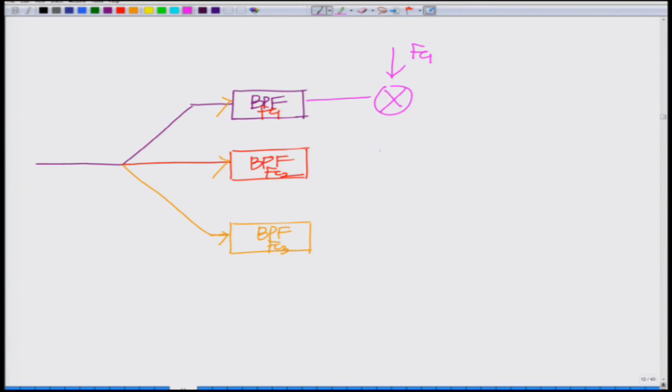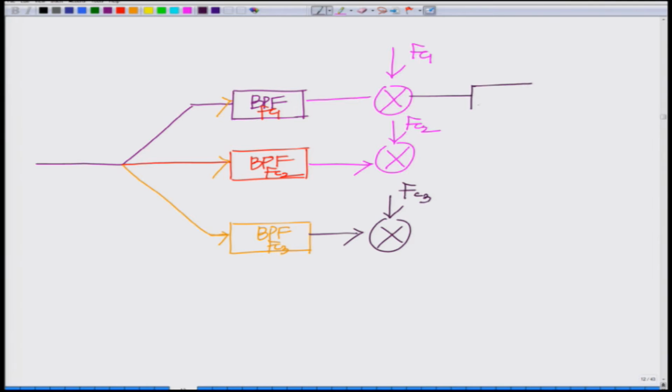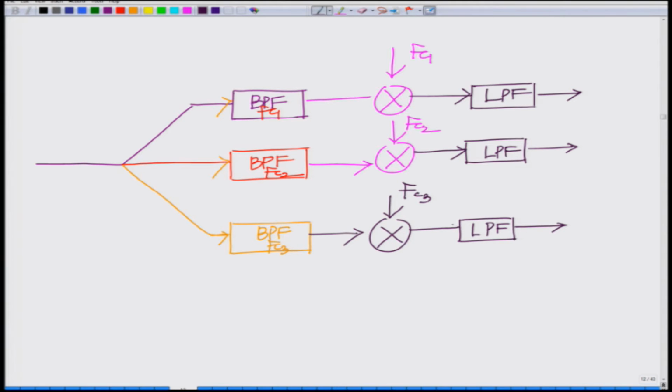So, this I demodulate with FC1, the corresponding carrier frequency is FC2, therefore, demodulate at FC2, the corresponding carrier frequency is FC3, so therefore, demodulate at FC3 and then pass it through a low pass filter. Okay. So, you get M1(t), M2(t), M3(t).